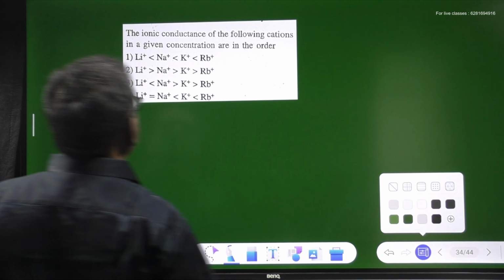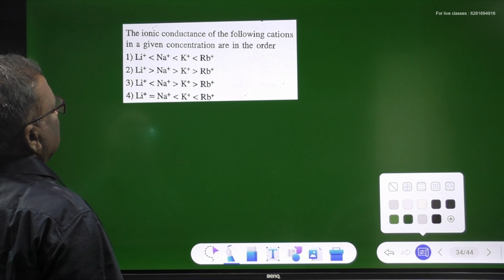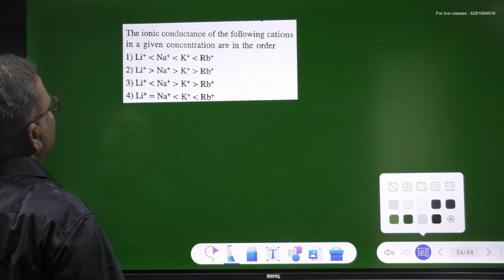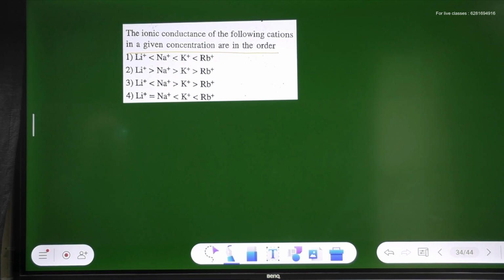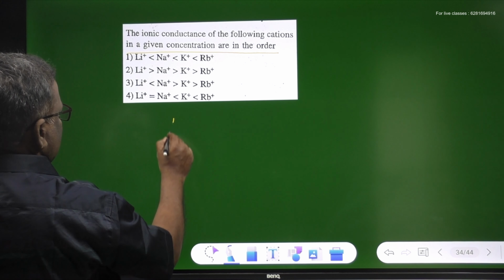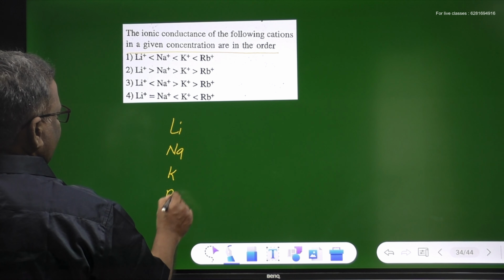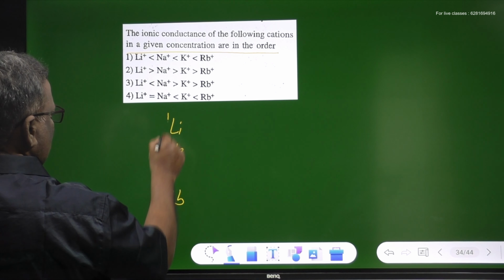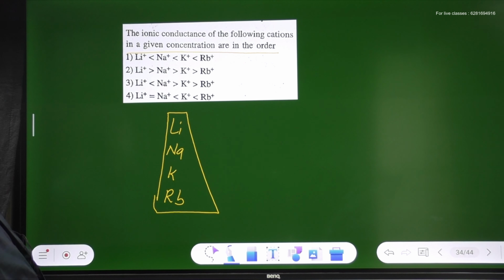The ionic conductance of the following cations in given concentrations are in the order. So here all the cations, lithium, sodium, potassium, rubidium. As we move from top to bottom, cation size is increasing.